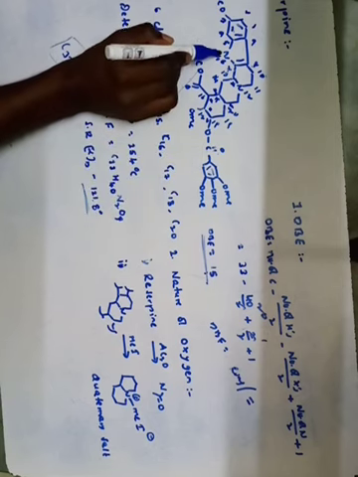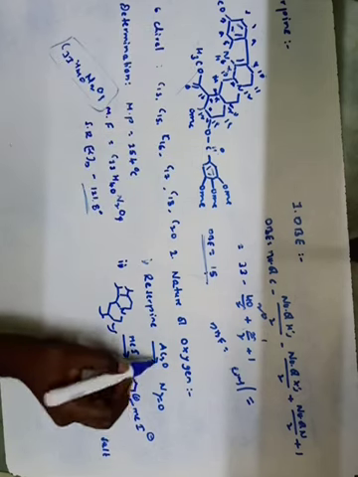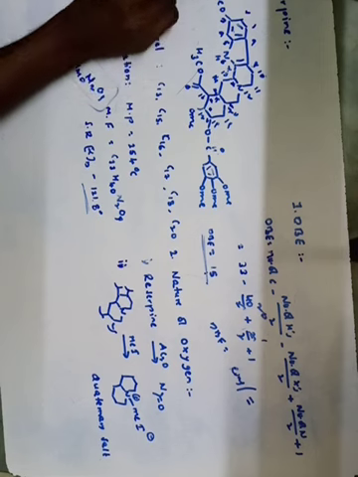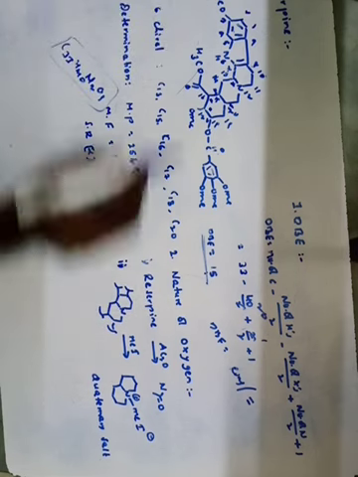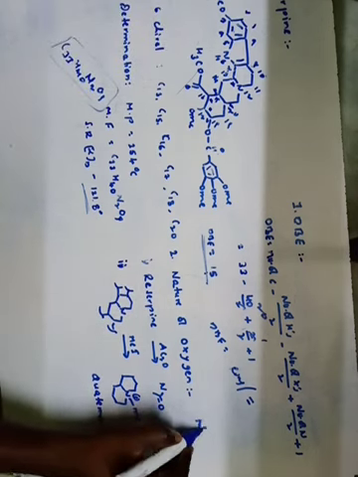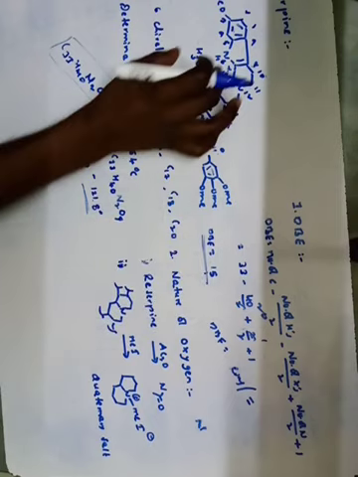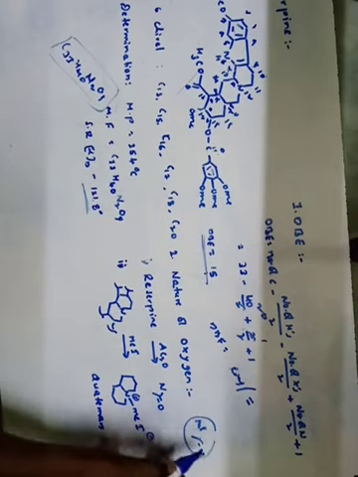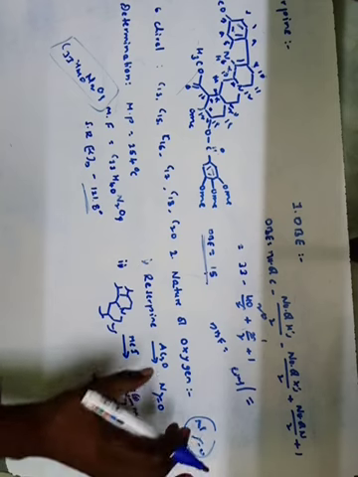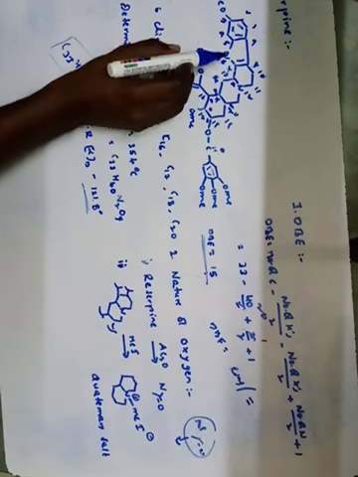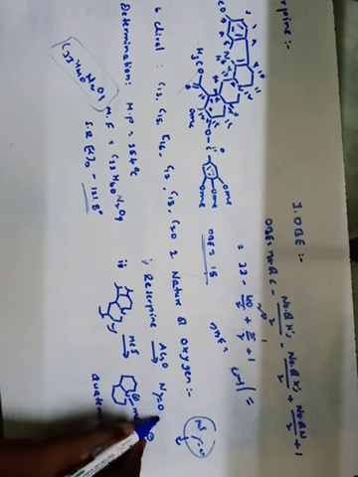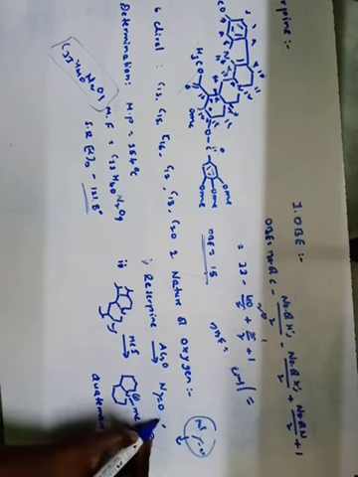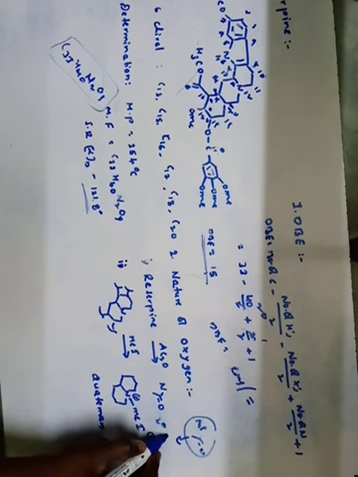Here nitrogen is there, and this nitrogen reacts with acetic anhydride to form the acetyl derivative. I don't want to write the total structure, I will just write this N. This indicates that this nitrogen is a secondary nitrogen.